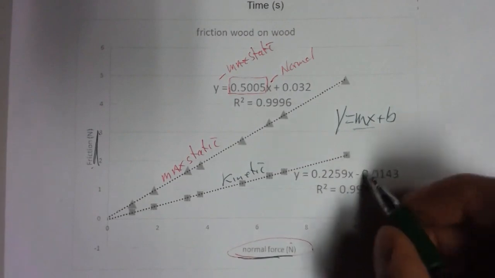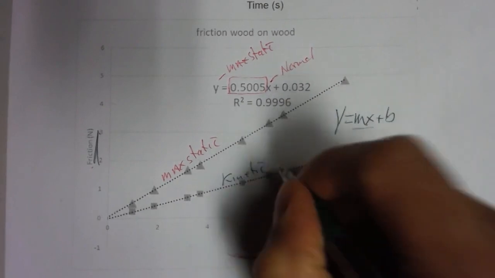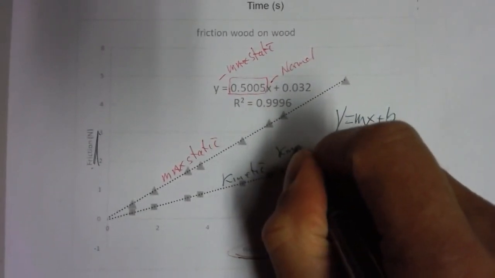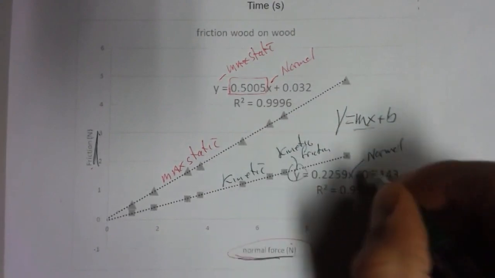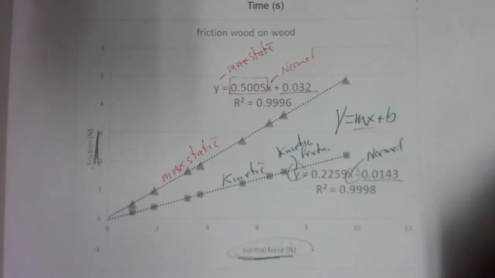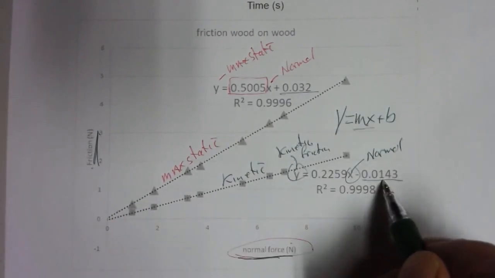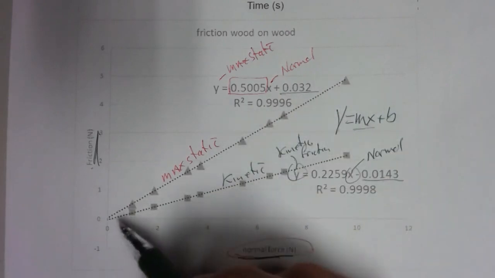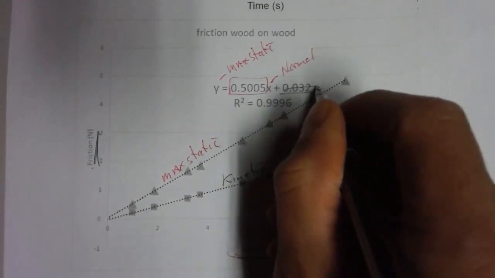Likewise, for kinetic friction, this is the normal force, the x, and this is the kinetic, the y. These intercepts are really small compared to the values, right? It's negative 100th, negative 300ths when we were doing things at like half a Newton, 1 Newton, 2 Newtons, whole Newtons. So it's on the order of 1/100th as much. It's essentially zero.